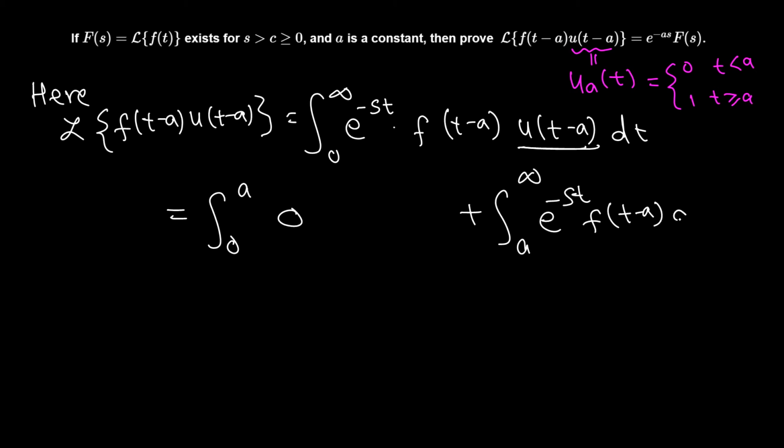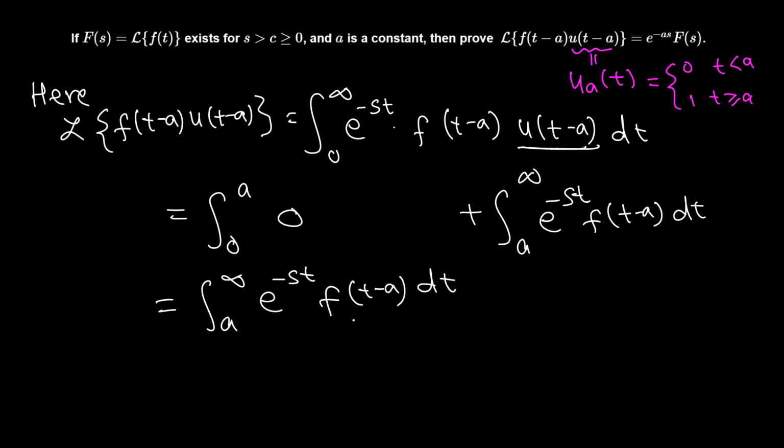This is 0 when t is in between 0 and a, and when t is bigger than a, this is 1. Okay, this part is gone. So basically we are left with the integral from a to infinity of e to the negative st f(t minus a) dt.